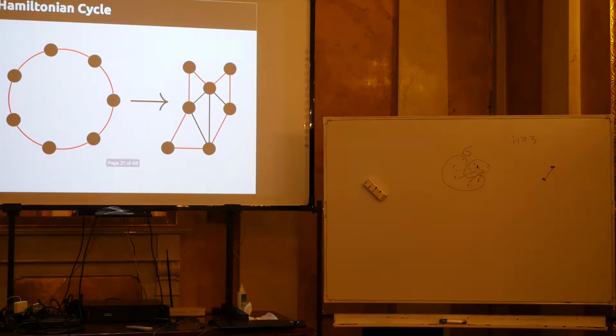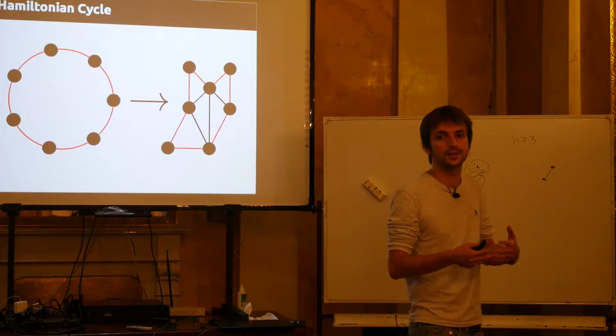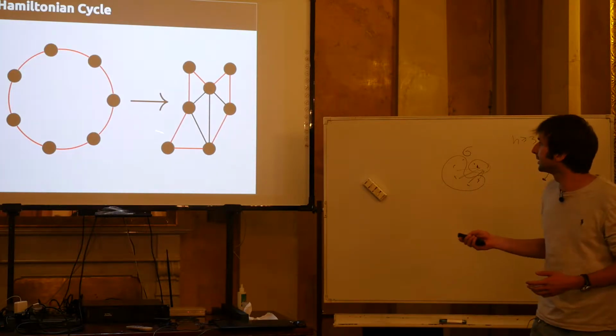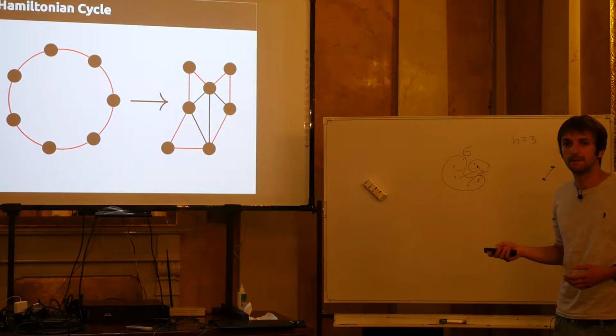And I want, after this, to see a cycle. The question is, can we be removing only vertices and edges adjacent to them, or arbitrary edges? You can, for example, remove this edge without removing any vertices.